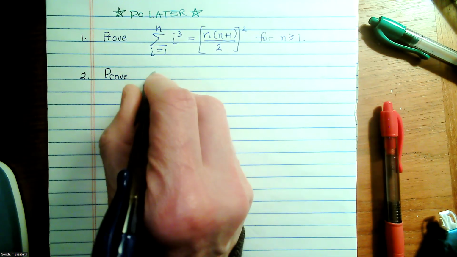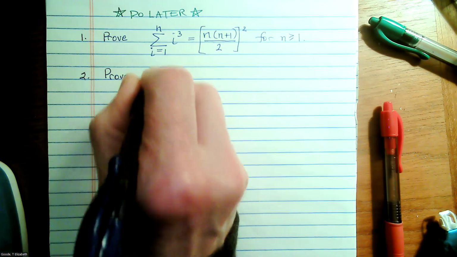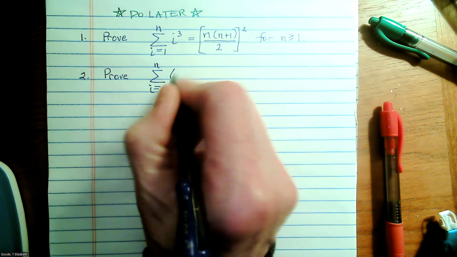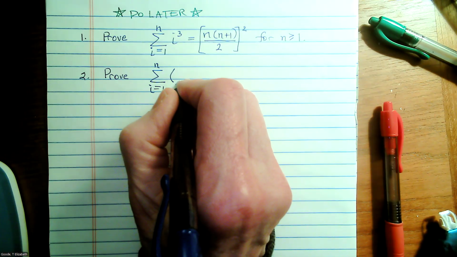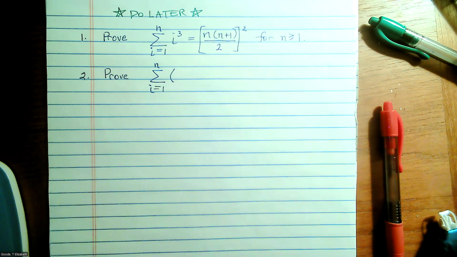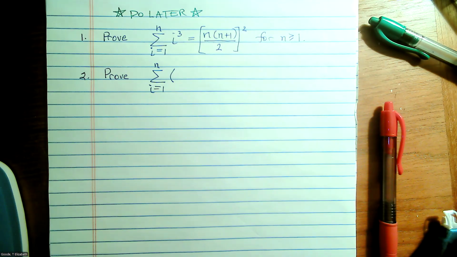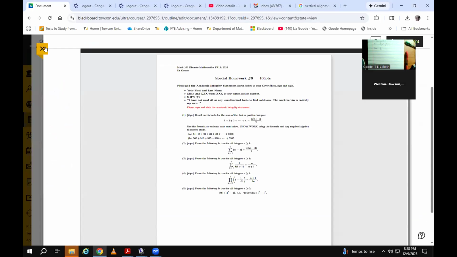We can prove the sum from i equals 1 to n of, let me just think for a minute. Look at the book. Let's go to the book.